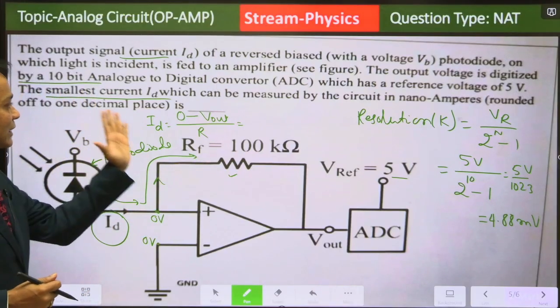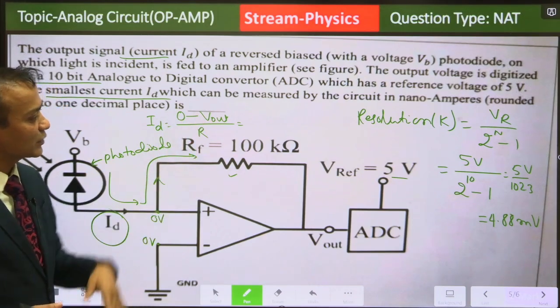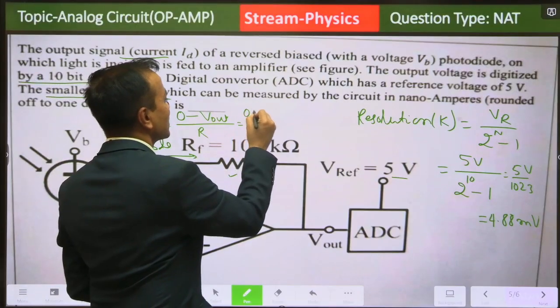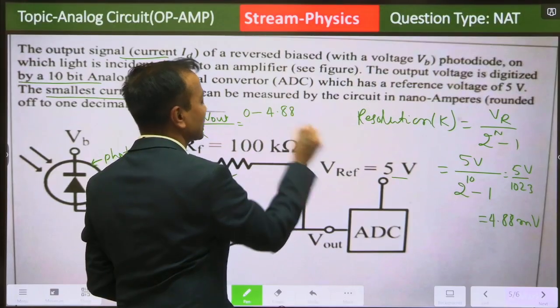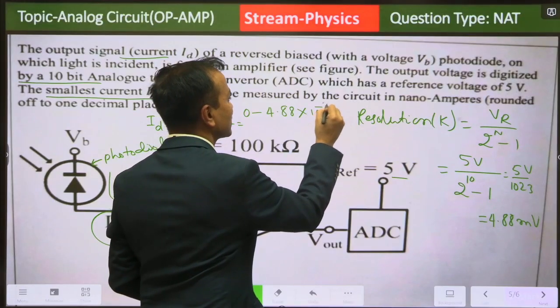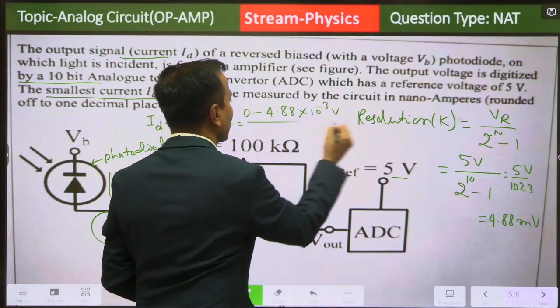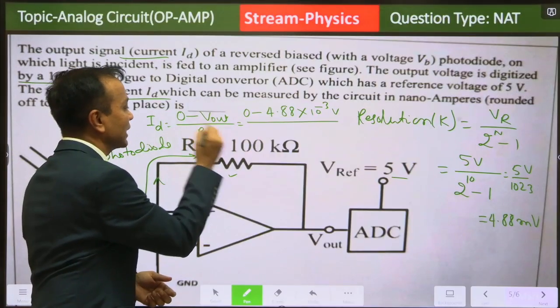So here ID is equal to 0 minus V out divided by R. This V out is coming as 0 minus 4.88 millivolt, so we can write 10 raised to minus 3 divided by this R, which as per this is basically RF only.